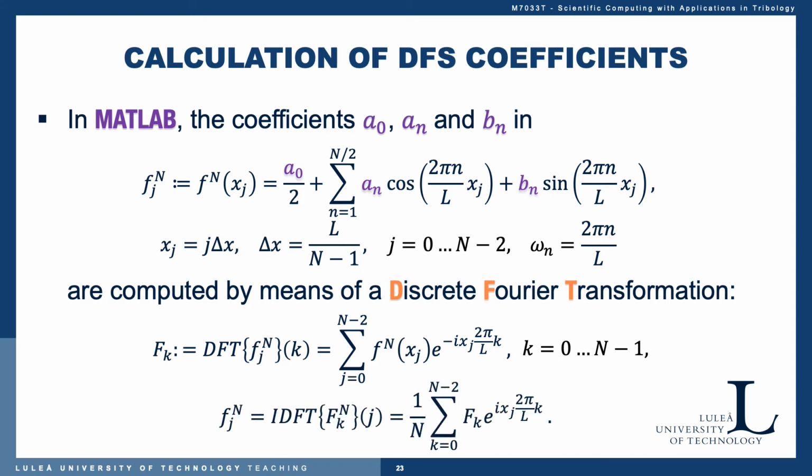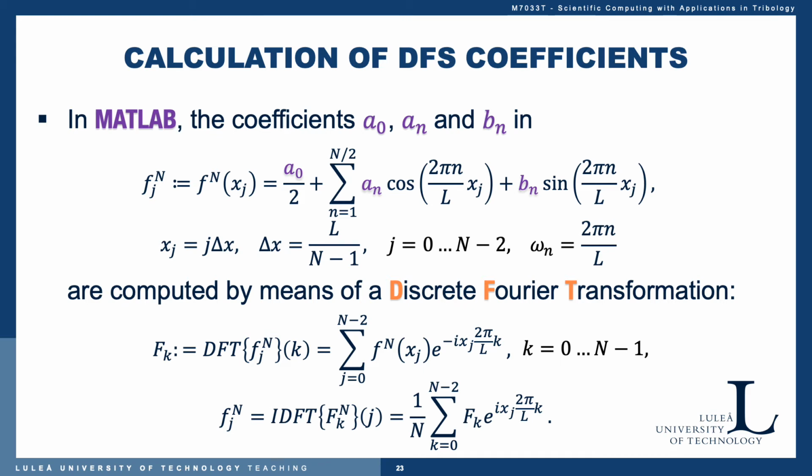So in combination with the Fourier transform, we can use the inverse discrete Fourier transform to transform the data back to the data that we had, and this is done exactly in this way in MATLAB, where we see the normalization, which is specific for MATLAB and may differ in other programs and other ways of computing it.